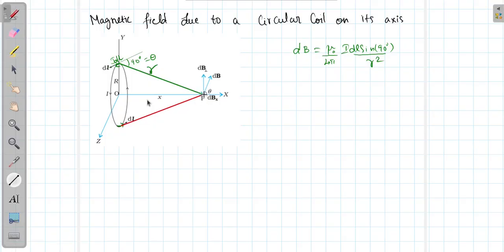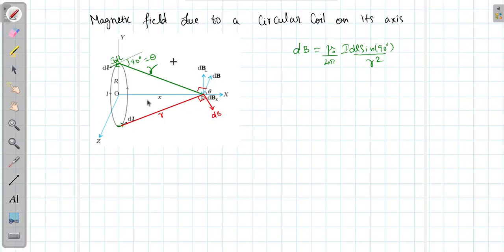That magnetic field will be perpendicular to this r vector. So suppose this is the r vector, this one is dB. So dB is perpendicular to r. Here also r is perpendicular to dB. And we have to resolve the two dBs.